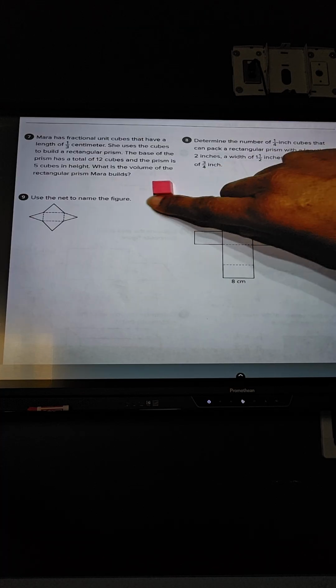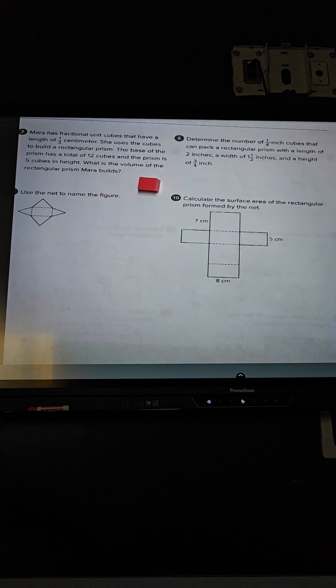So what this is saying is that one side of this cube, one of the dimensions rather, is 1/3 centimeters. So the length is 1/3 centimeters, the width is 1/3 centimeters, and the height is 1/3 centimeters because it's a cube.